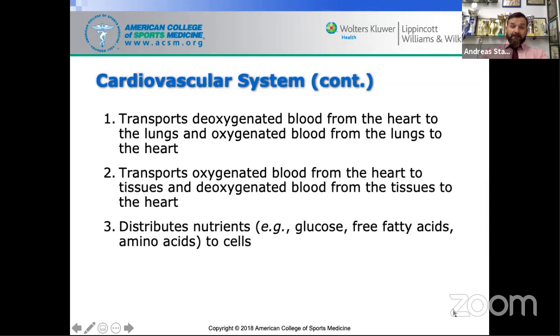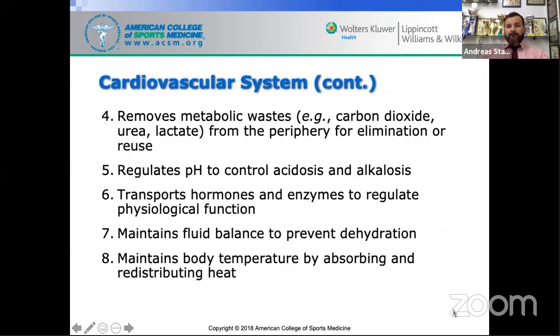And then we have oxygenated blood from the heart to the tissues, and deoxygenated blood the other way around, and that will be the systemic circulation. So two types of circulation. What are we distributing? A lot of nutrients to the cells, and then we bring back byproducts of the metabolism from the periphery so we can get rid of them.